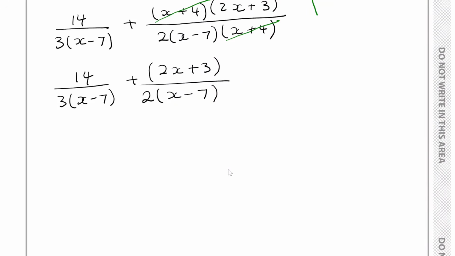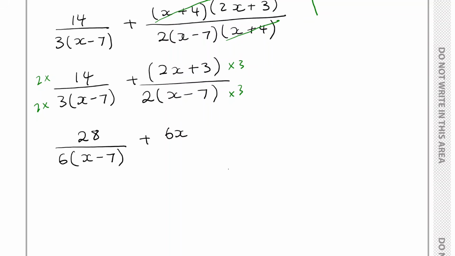To add fractions, we need our denominators to be the same, and we can get them the same by timesing top and bottom of the first fraction by 2 and top and bottom of the second fraction by 3, which will be 28 over 6 times (x minus 7) plus 6x plus 9 over 6 times (x minus 7).